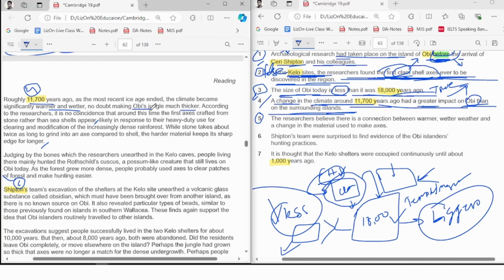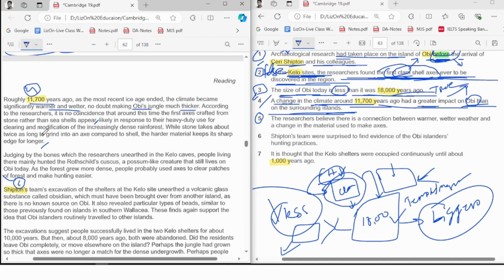In 𝗺𝗶 the climate became significantly warmer and wetter. According to the researchers, it is no coincidence that around this time the first axes crafted from stone rather than seashells appear, likely in response to heavy-duty use for clearing and modification of the increasing rainforest.